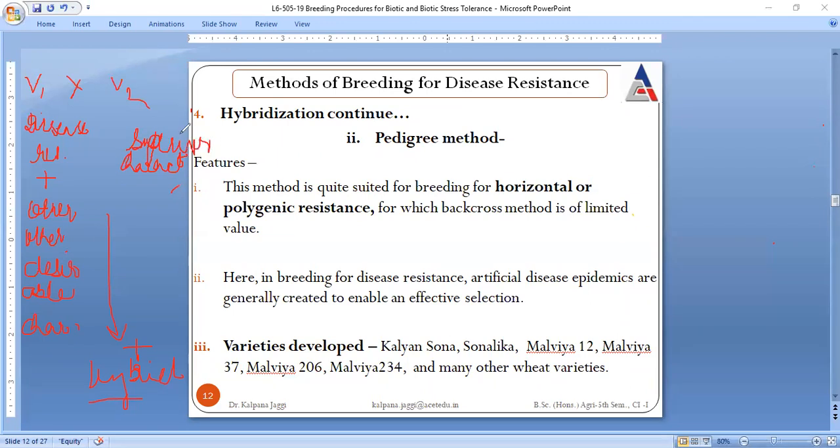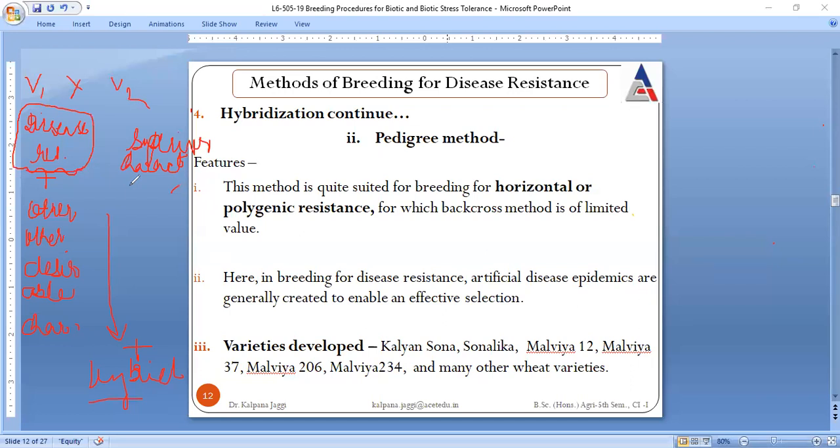That means here we cannot say either this variety is agronomically undesirable and this is desirable. There is no certain difference among the two varieties. Instead, both varieties have certain desirable and superior features, and moreover they have the disease resistant feature also, which is all about today's lecture, that is breeding for disease resistance.